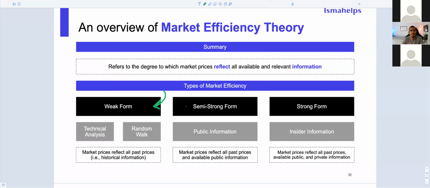So what am I saying here? If you have a semi-strong form market efficiency theory, you would say that all public information is priced in, but also all past prices are priced in. In other words, if you're a semi-strong form, you're also weak form, okay? So you also know that past prices and public information are priced in, all right?